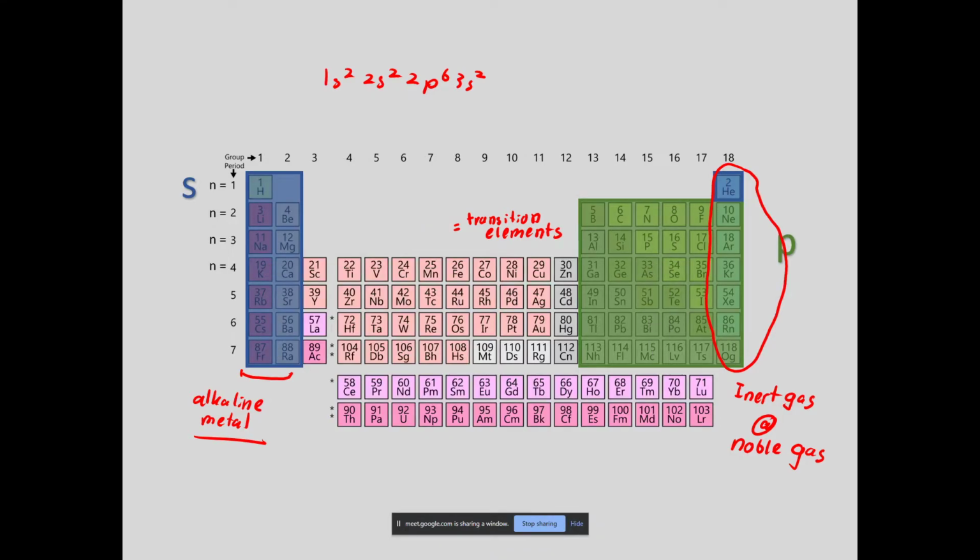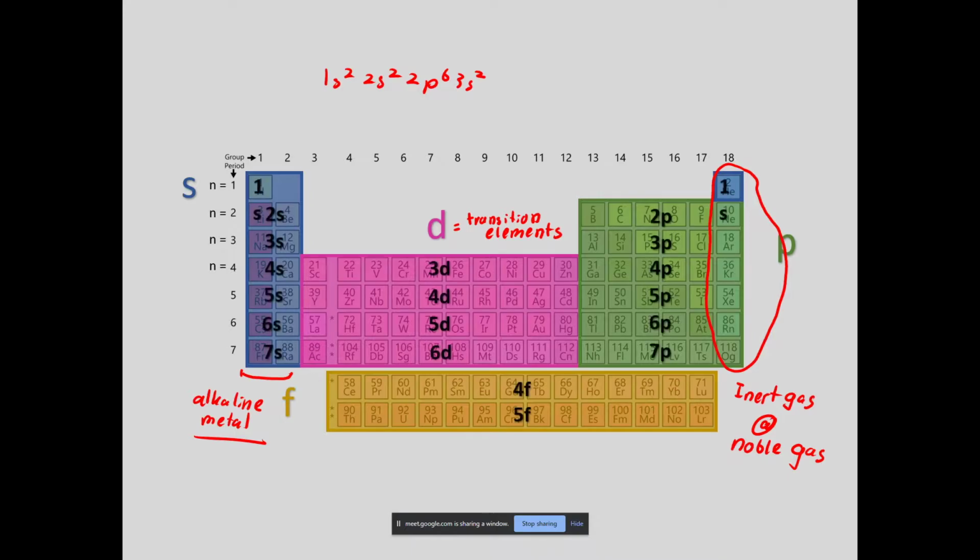Okay, so kalau you guys tengok, untuk S dengan D, number group dia sama dengan number of valence electron. Maksudnya dari S sampai D, contohlah sampai 12, kan?